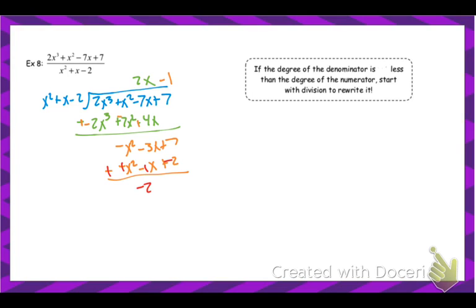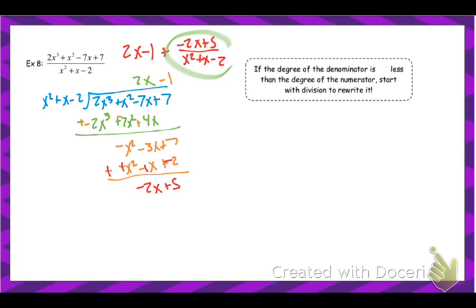I get -2x plus 5 as a remainder. So the way that we write this, remember, it's 2x minus 1 plus -2x plus 5 over x squared plus x minus 2. So now we've already done half the work. This part's done. All I need to do now is break down that last fraction.